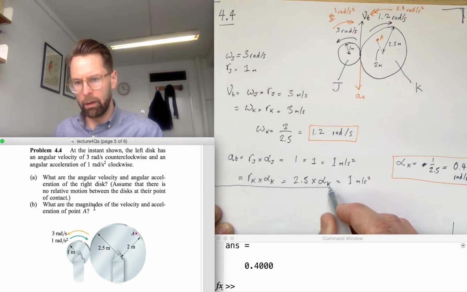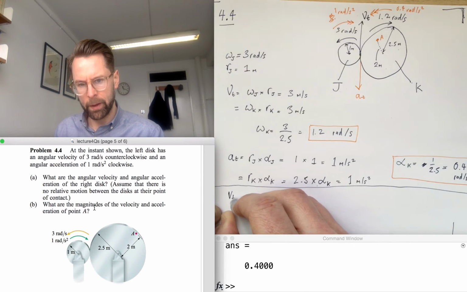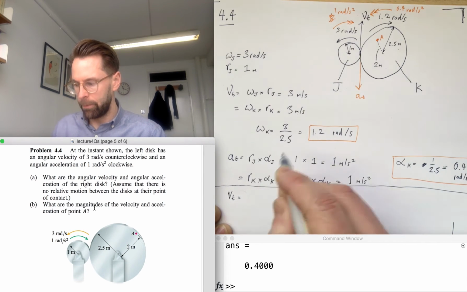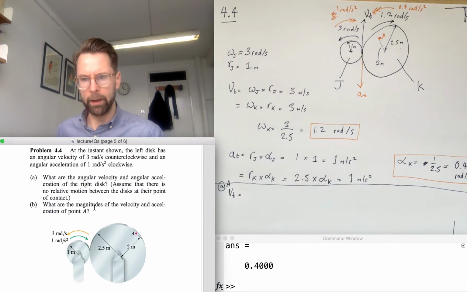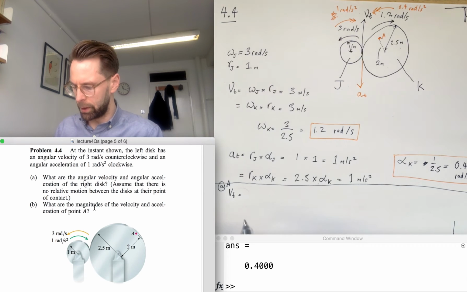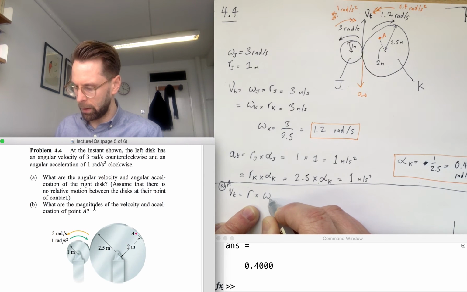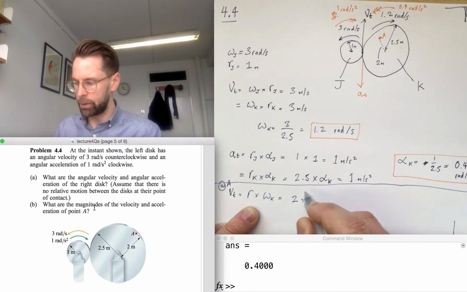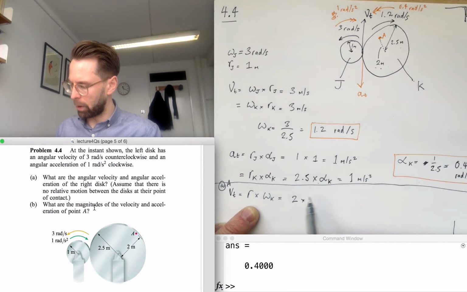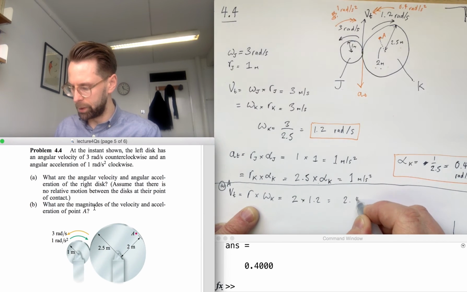if you don't quite follow what's going on, but there's a tangential component at A. So I'm just referring to it, this is all at A now. The tangential component is equal to R times omega of K, obviously. So it's 2 meters here, multiplied by 1.2 equals 2.4 meters per second.